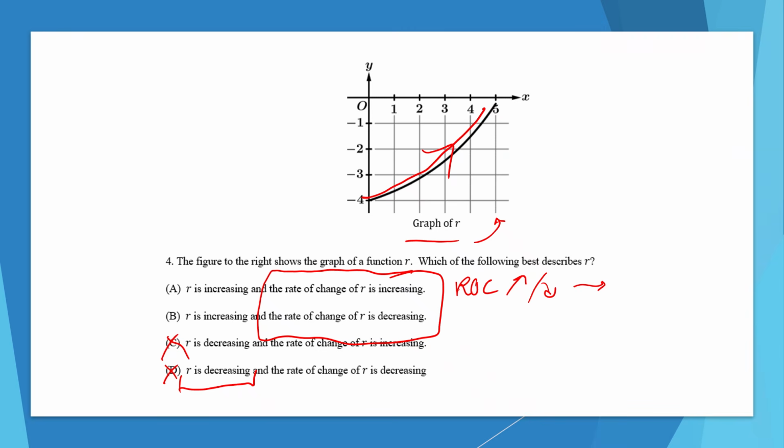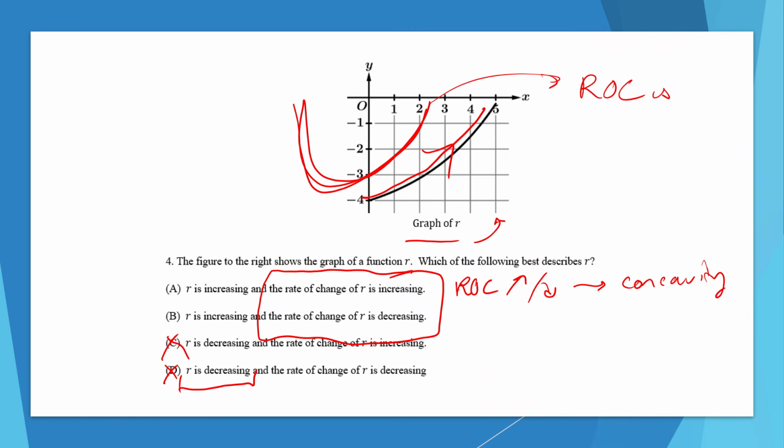That is going to always be tied to concavity. So here, when a graph is concave up, which is what this graph is, that always means the rate of change will always be increasing, making A the correct answer for number 4. If it was concave down, the rate of change would then be decreasing.